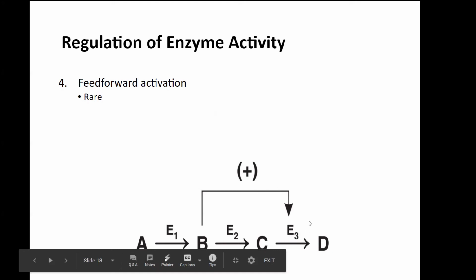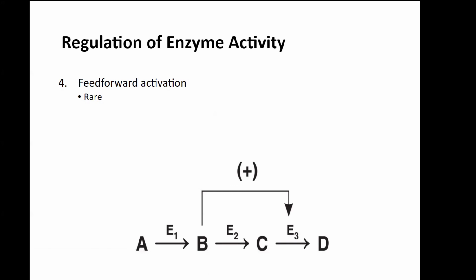So this would speed up the C to D reaction here. So we're not going to see that very often in physiology, but it is possible. So that's feed-forward activation. So we can think of it as analogous to positive feedback, kind of, right? Because we're speeding it up.